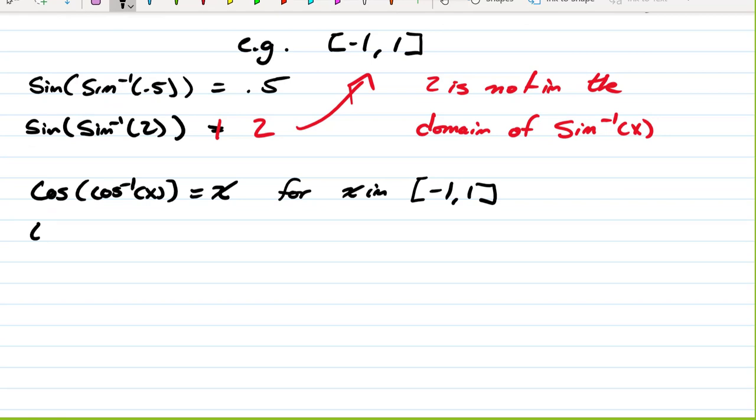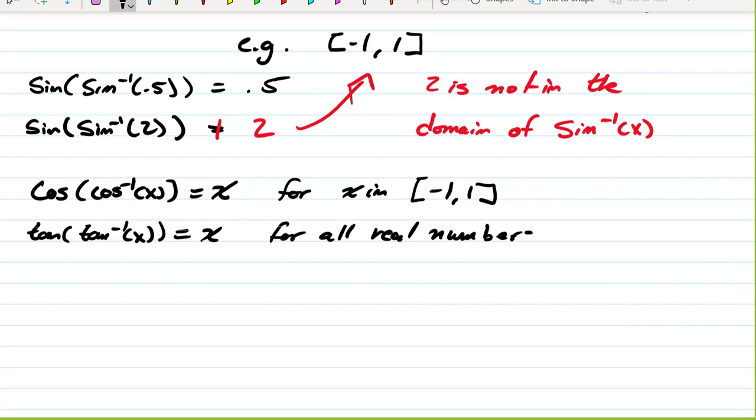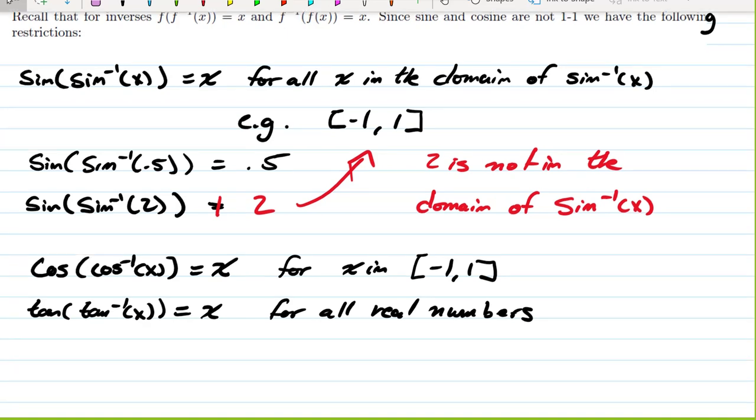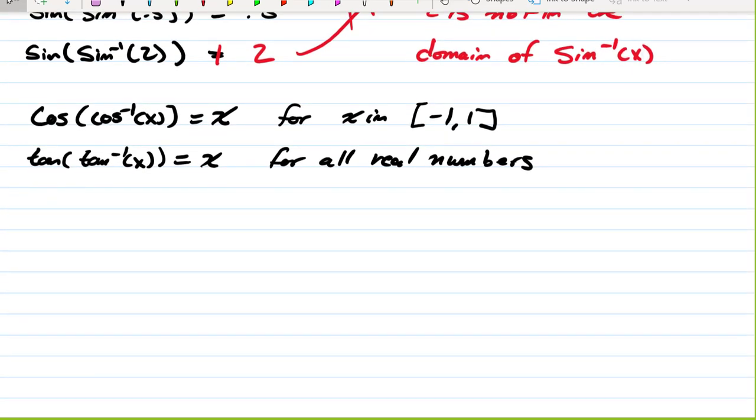For tangent, the tangent of the tangent inverse of x equals x for all real numbers. So there's going to be no restriction. Notice with all of these, we were taking the sine of sine inverse, the cosine of the cosine inverse, and the tangent of the tangent inverse. Well, what if we switch the order?